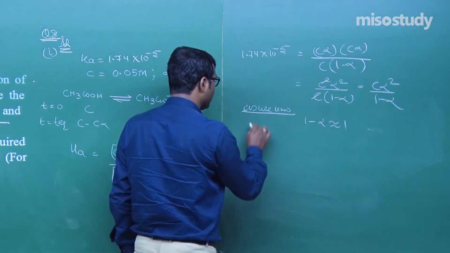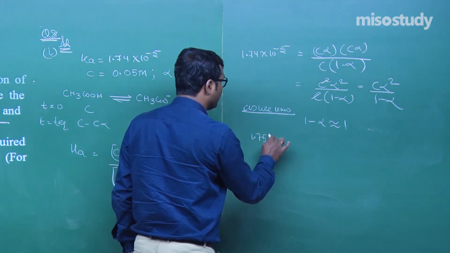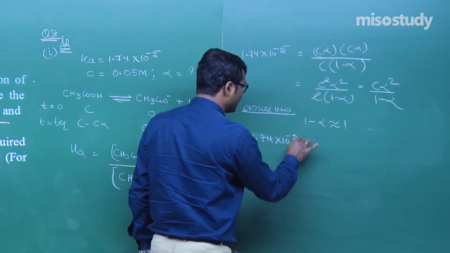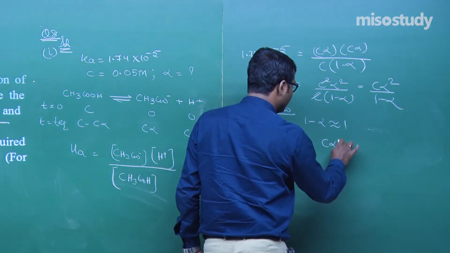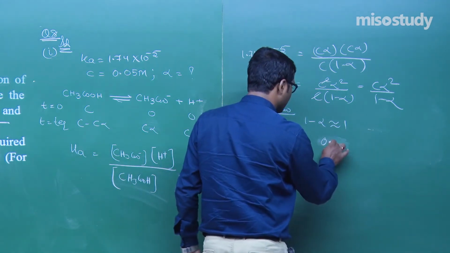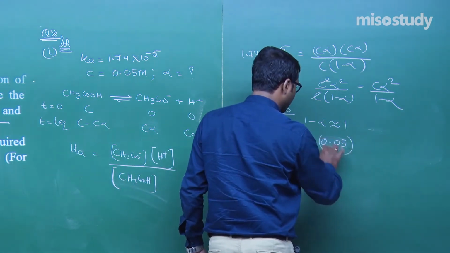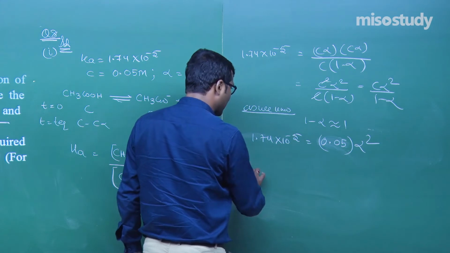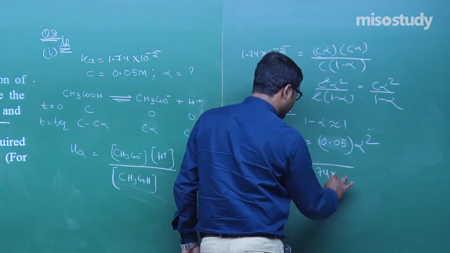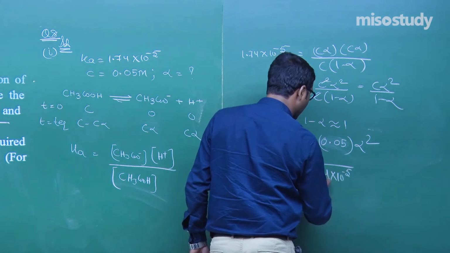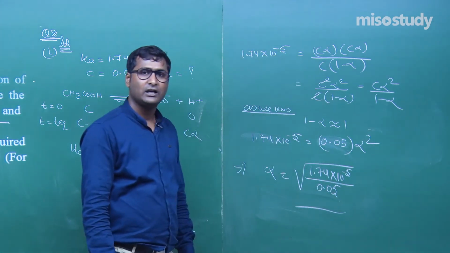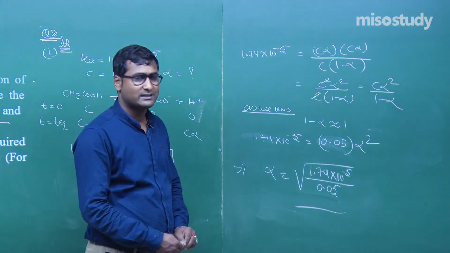So we get 1.74 into 10 to the power minus 5 equal to C alpha square, where C is given as 0.05. So alpha is root under 1.74 into 10 to the power minus 5 divided by 0.05. This is the degree of dissociation.